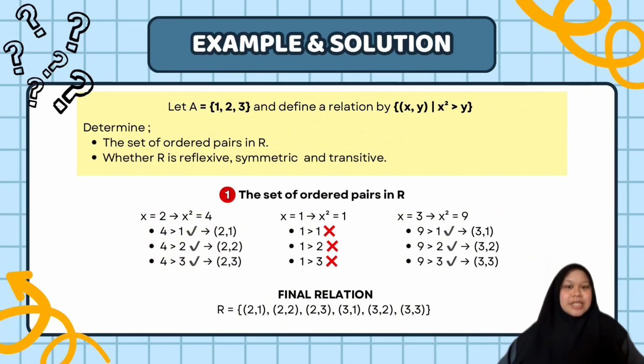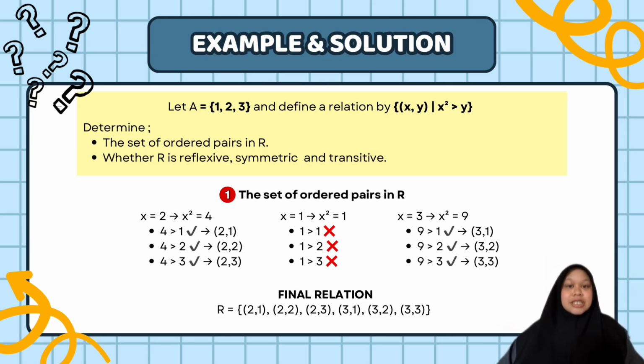Now let's solve the given example. We are given the set A = {1, 2, 3} and the relation is defined as x squared must be greater than y. First, we substitute each value of x. When x equals 1, we get 1 squared is equal to 1. Since 1 is not greater than 1, 2 or 3, no ordered pairs are obtained. Next, when x is 2, we get 2 squared is 4.